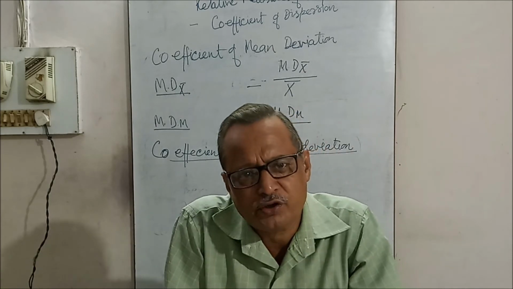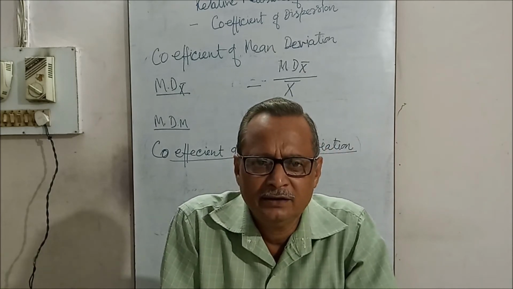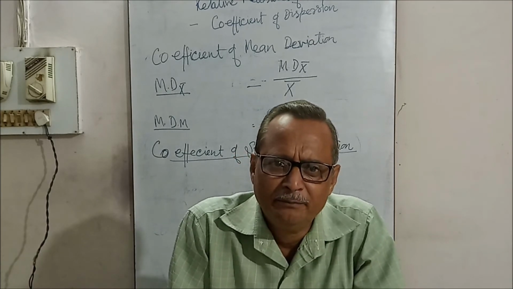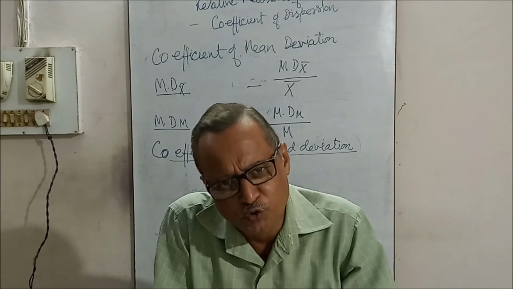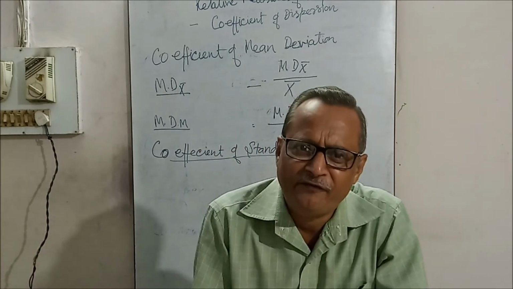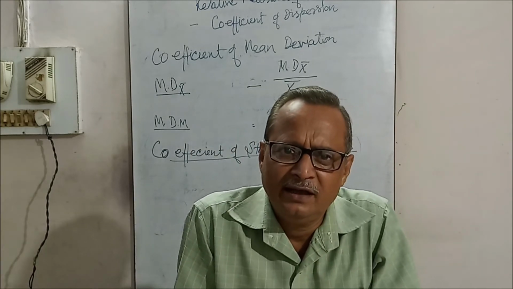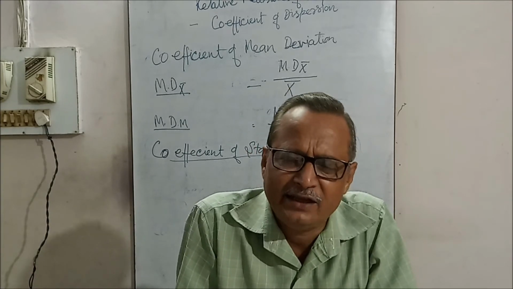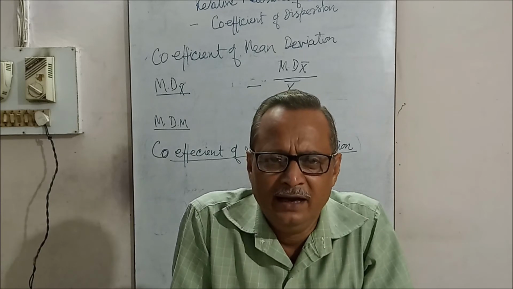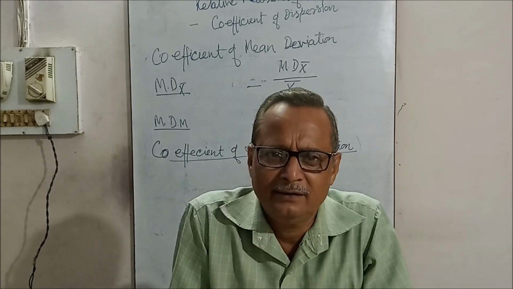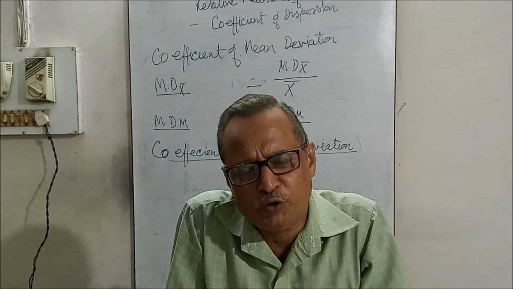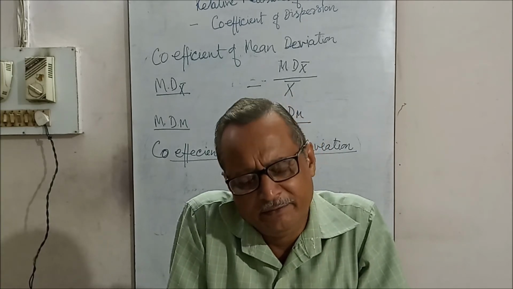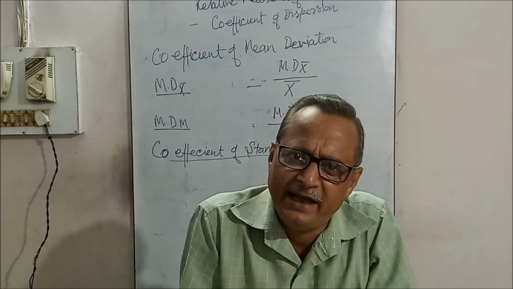But if you use the shortcut method, you don't need to ascertain the actual average; by assuming a mean, you can find the deviations, that is x minus a. Then whatever dx you get, convert it to the square. dx should be multiplied with the frequencies, and dx square is also multiplied with f.